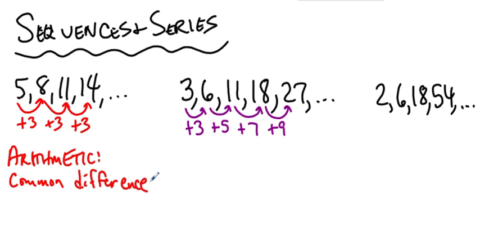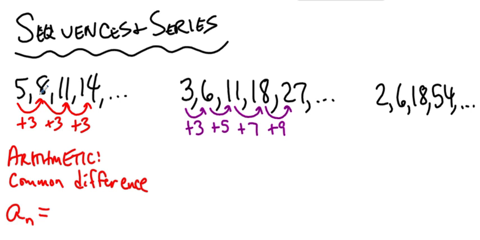There's a couple things we can learn from that, and one is how to come up with the nth term of an arithmetic sequence. Let's say I was looking for the 100th term in the arithmetic sequence. How many jumps of 3 am I going to have to make to get to the 100th term?